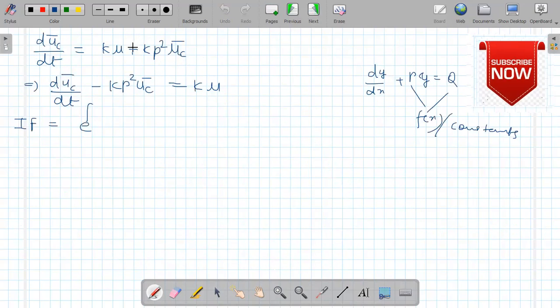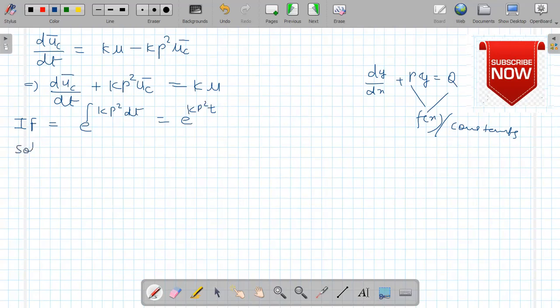Okay, so here we have negative sign, minus kp square. So that we have positive sign here. So kp square dt. Okay, and this value is e raised power kp square t.